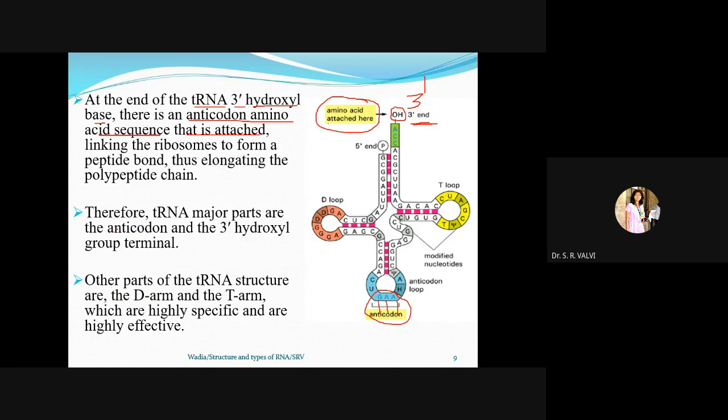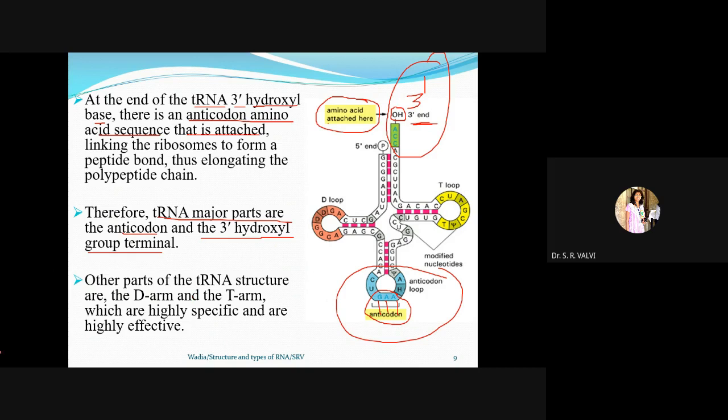Therefore, the major parts of tRNA are the anticodon and the 3' hydroxyl group terminal. This anticodon loop is one part, and this OH part is another major part of the tRNA.